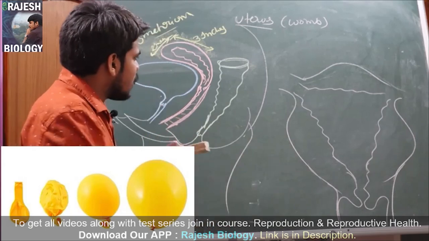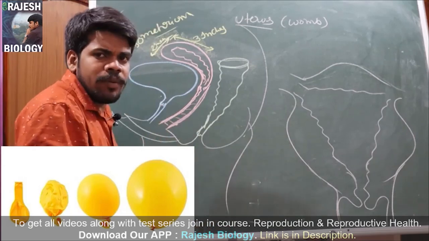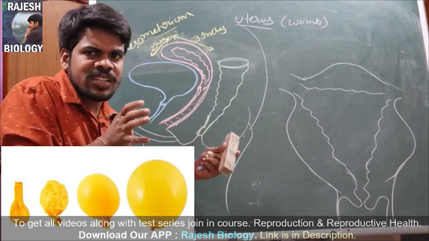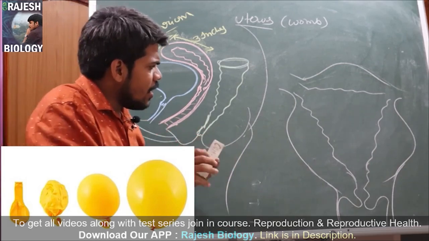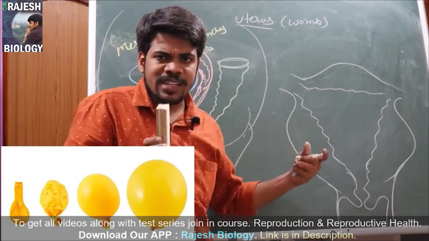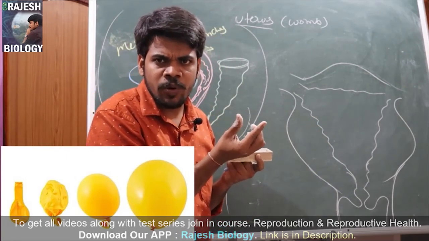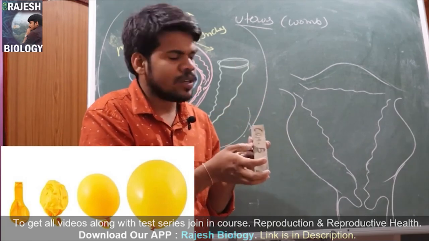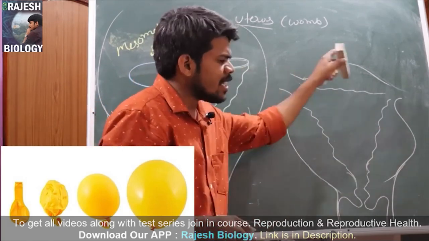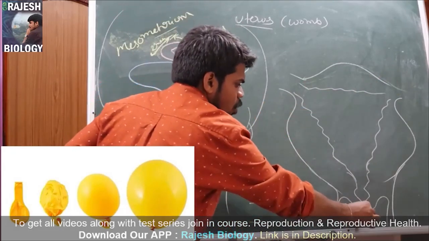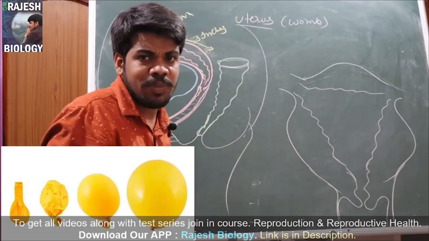It is also like that. If the blastocyst gets implanted, depending upon the size of the embryo, it will stretch and become bigger in size. After the delivery, if you remove the air from the balloon, it also comes to the normal position. So this is just like a balloon with two horns, and the opening of the balloon is the cervix, the birth canal.